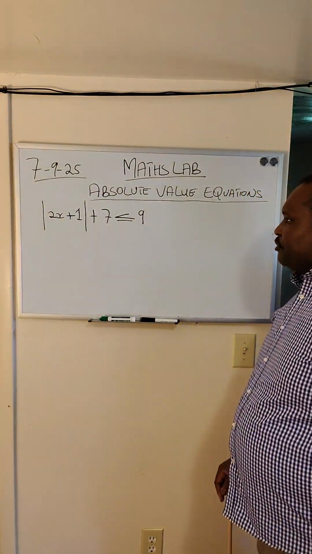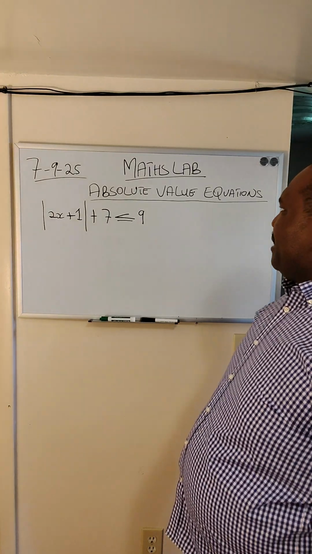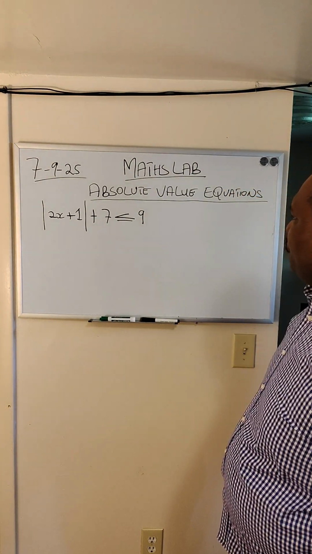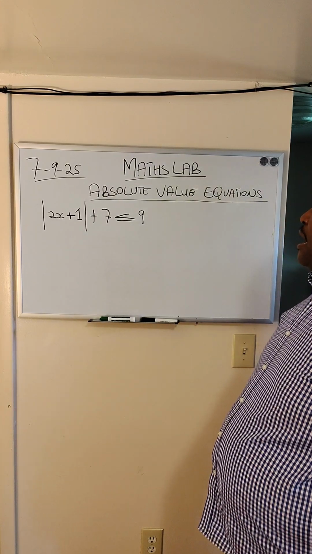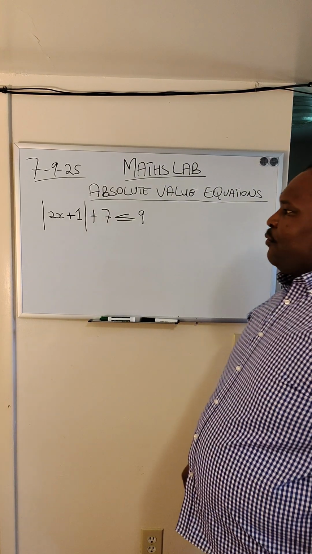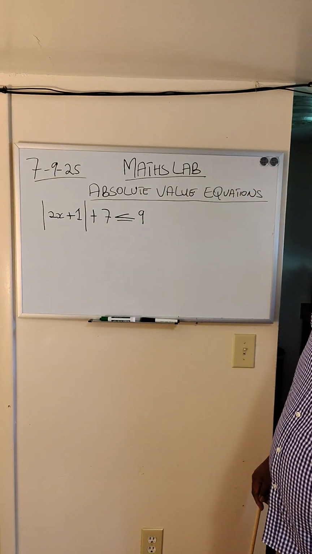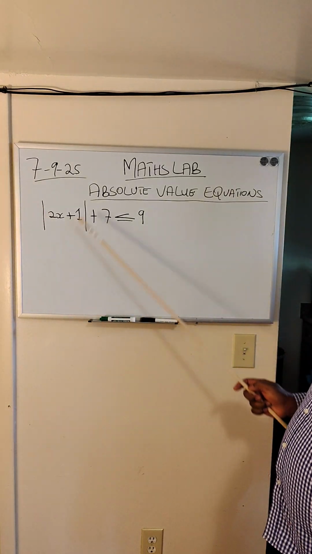So, our topic for the day is absolute value, Maths Lab. We are looking at how to solve absolute value equations, and now we have the absolute value of 2x plus 1. You can see these two lines.